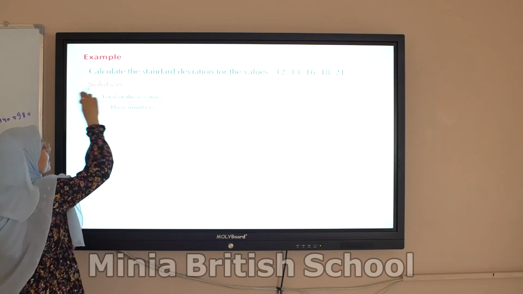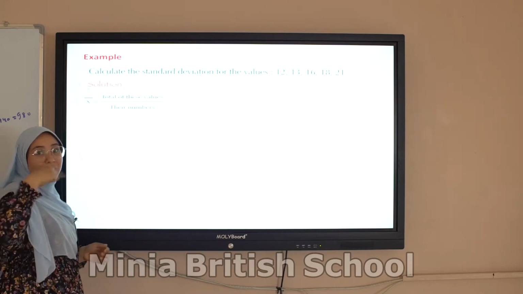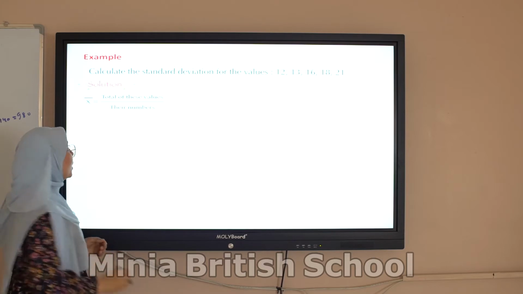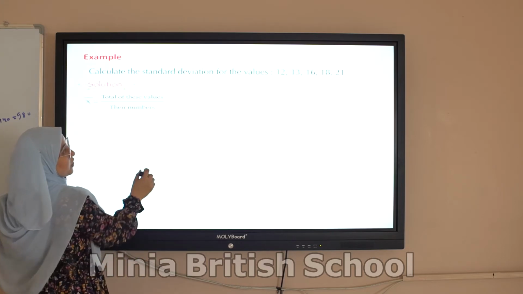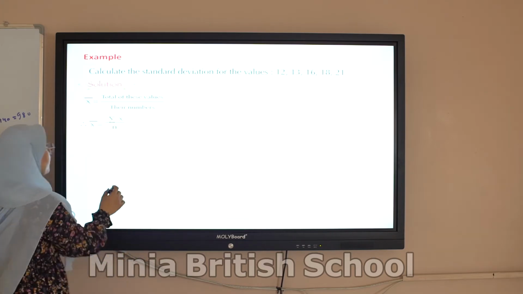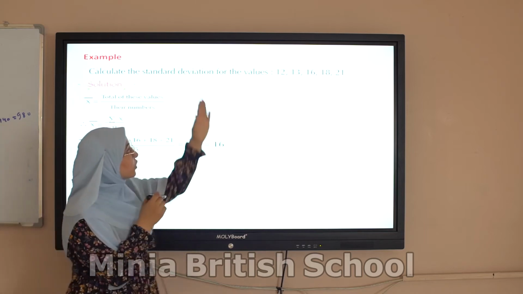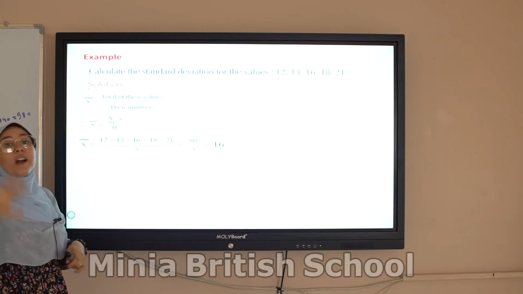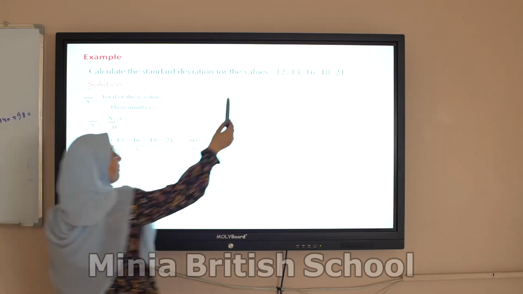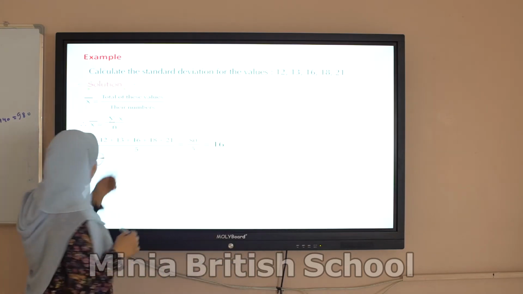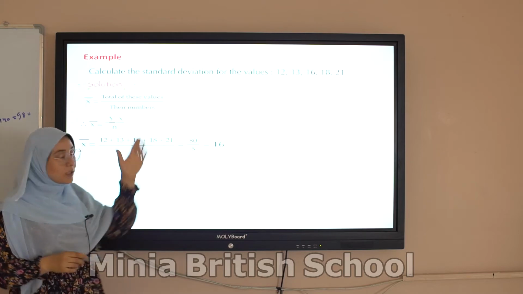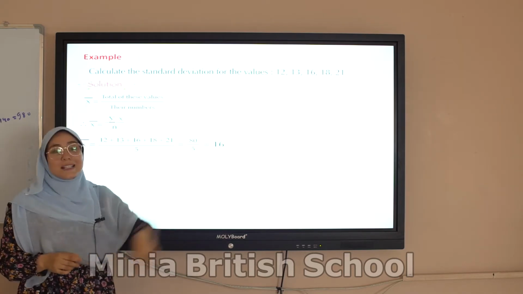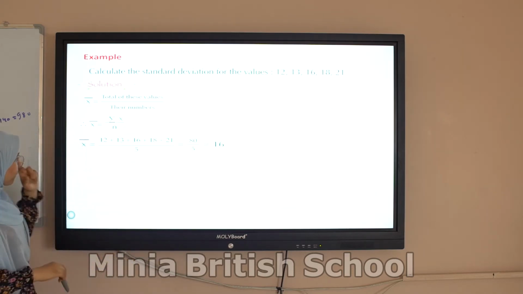So x bar equals 12 plus 13 plus 16 plus 18 plus 21 divided by 5, because I have 5 values. So x bar equals 80 over 5 equals 16.